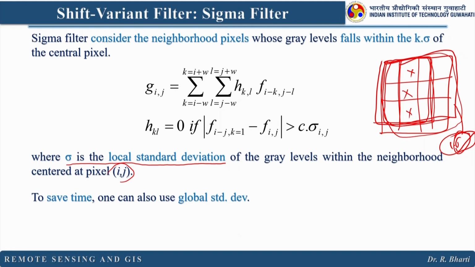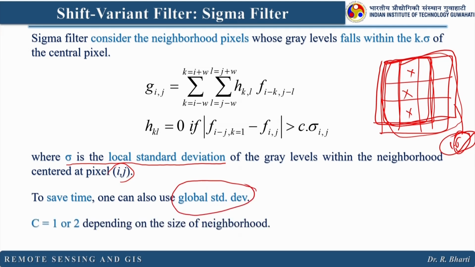Then again you shift to the next position and calculate the standard deviation again. So this is a time-taking process. So instead of doing it individually for 3 by 3 over the whole image, one can use the global standard deviation, and C is equal to 1 or 2 depending upon the size of the neighborhood. It is up to the interpreter or analyst what C value he or she uses.